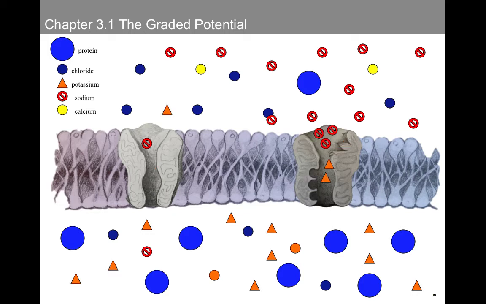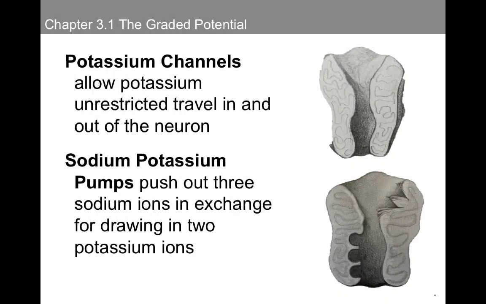But we see on the right, the sodium-potassium pump is actually taking sodium and kicking it out from the intracellular space while it's drawing in potassium. And the potassium channels are allowing the potassium to passively enter. And remember, it's drawn in by the negativity of the intracellular space. However, some of it leaves because of the high concentration of potassium.